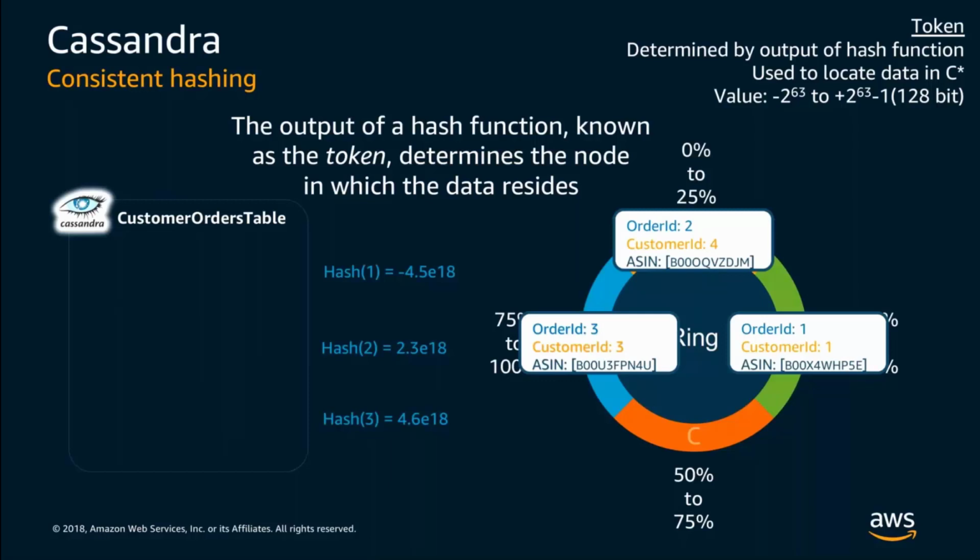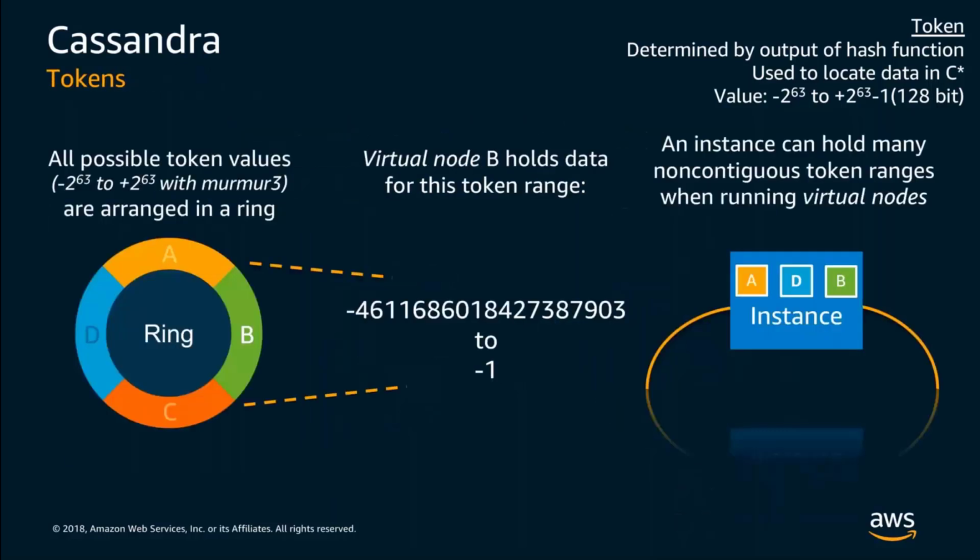If you don't have that key to determine that token, then you actually have to scan A, B, C, and D. So knowing what the primary key is, is very important to retrieve data from Cassandra as well as DynamoDB.